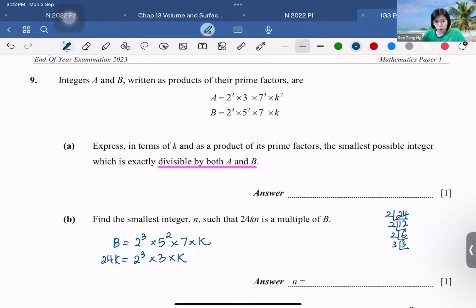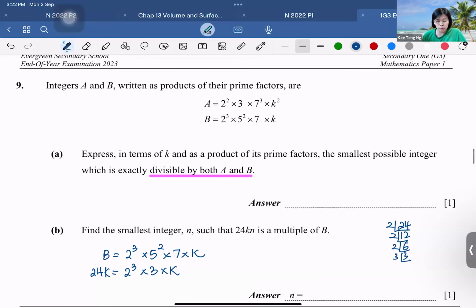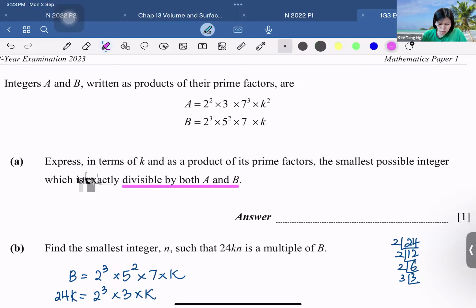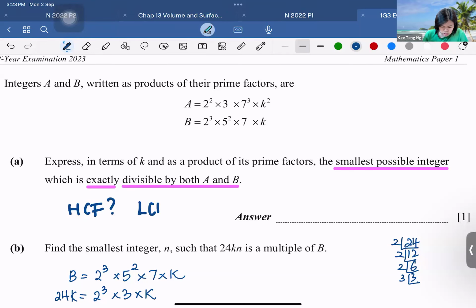But the main things that we know, first part, I have A and B already as the product of prime factors, expressed in terms of K. The smallest possible integer, I want a number that is exactly divisible by A and B. This number can be divided by A, can be divided by B. Question, is it the HCF or is it the LCM? Tell me your responses. Is it HCF or LCM? LCM. Thank you.